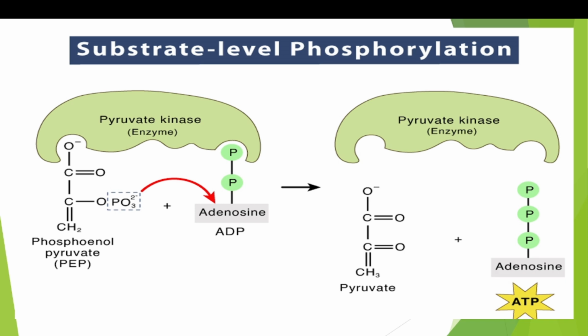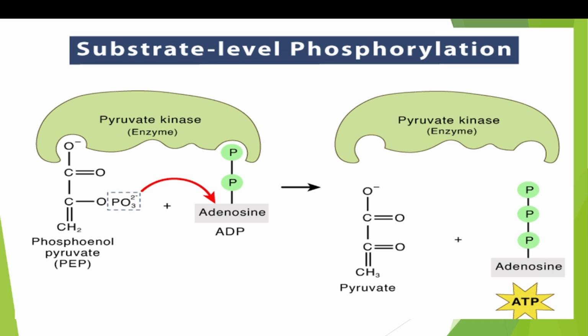Whenever there are high energy molecules, they directly produce ATP by being converted into another molecule. Here phosphoenol pyruvate is a high energy molecule and pyruvate is a low energy molecule. Whenever phosphoenol pyruvate is converted into pyruvate, some energy is released as ATP. This is known as substrate level phosphorylation.